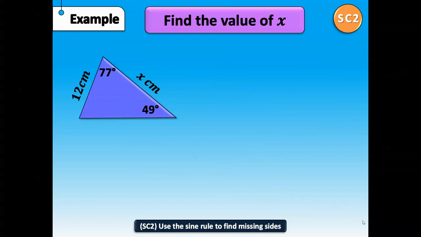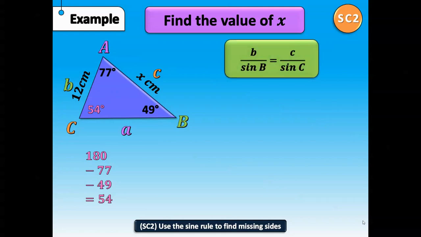Here's another example. So again, I want to find the value of the side x. So I label up my angles and my sides. And then if I find angle C through angles in a triangle, I can see that angle C is 54 degrees. So then I can substitute my values into the sine rule.